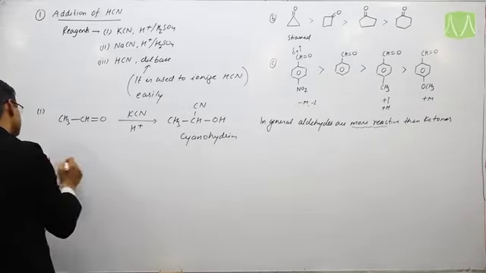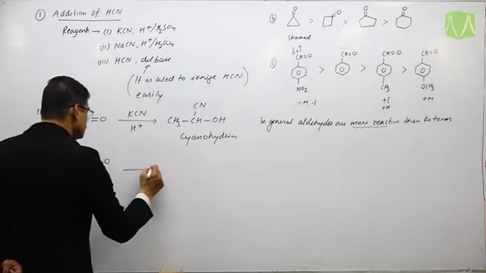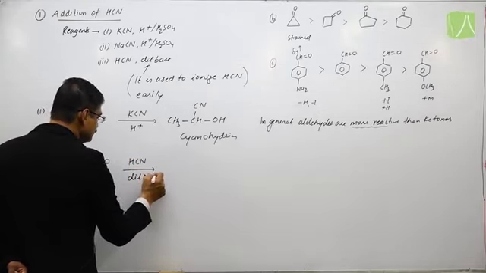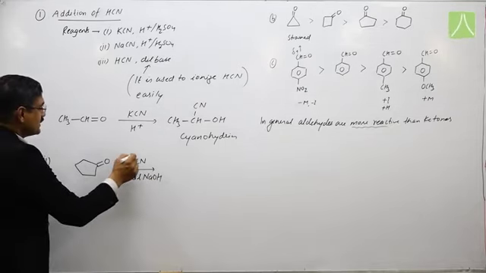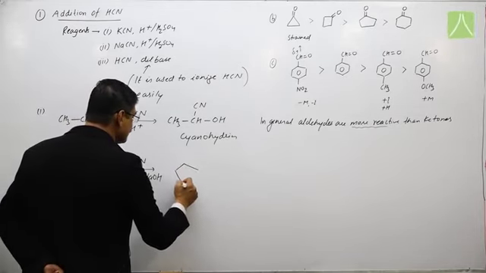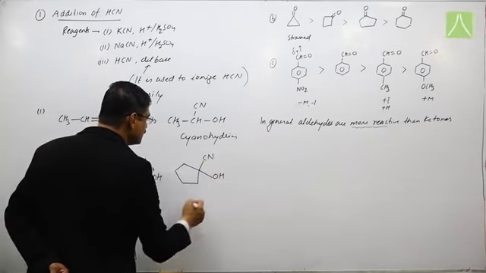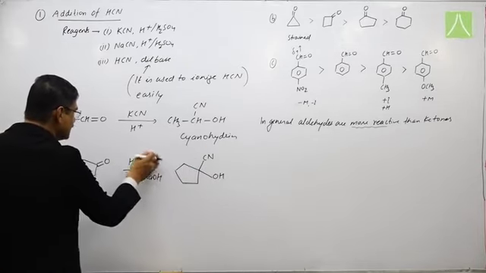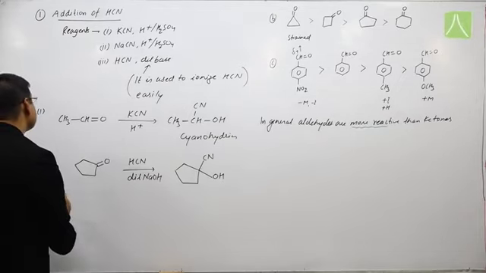Suppose the second example, KCN or dilute NaOH. In this case, it is a cyclic ketone. So CN minus adds to the carbon and H plus to the oxygen atom. So this is CN and OH. Again, this is a cyclic cyanohydrin. So cyanohydrin is the major product in case of addition of HCN, hydrogen cyanide.